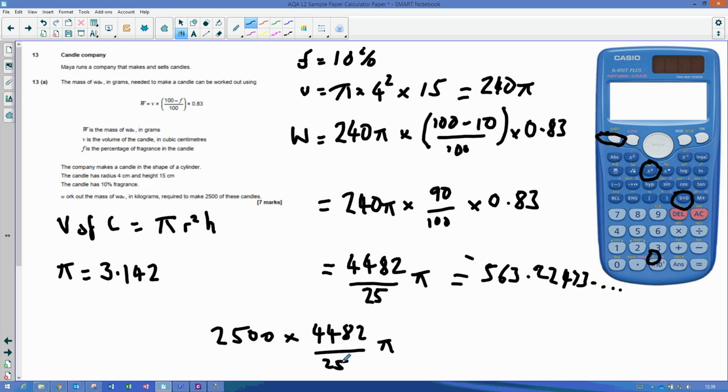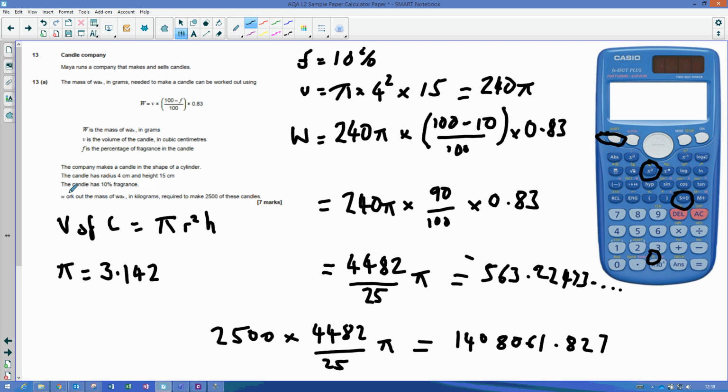And if I've still got that on my calculator, I can just press times 2500, and you'll see the display show answer. That's the answer from the previous question, times 2500. And that will give me an answer of 148,061.827.